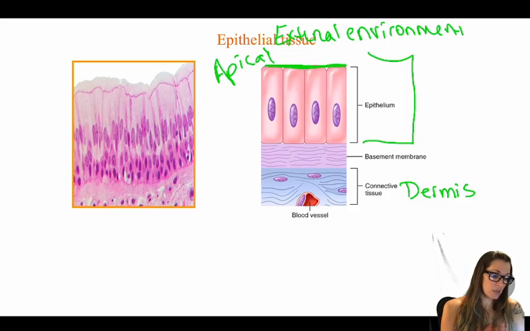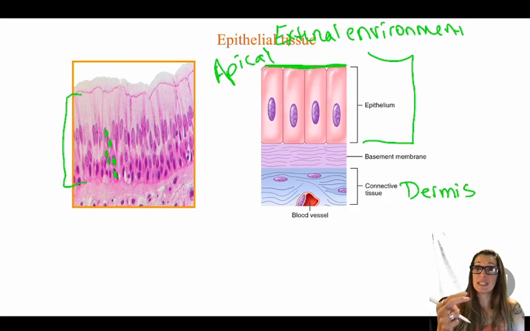But here in this image right here, you can see these dark spots are nuclei of different cells. So most epithelial tissue has multiple layers, and these cells down here are dividing by mitosis, and as they're dividing, they're pushing the old cells up and replacing them.